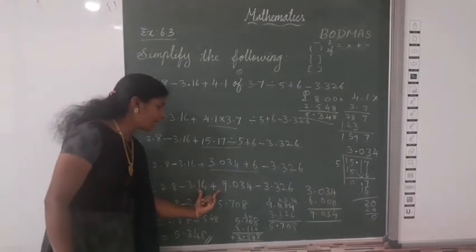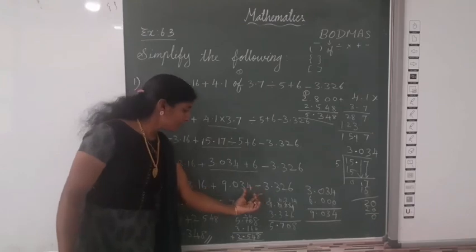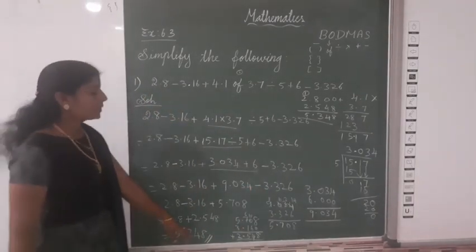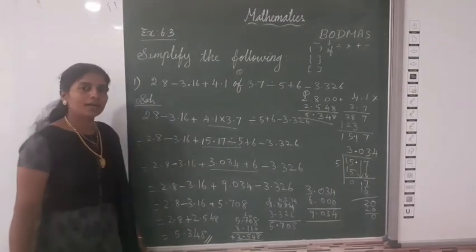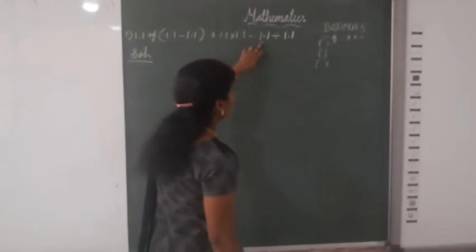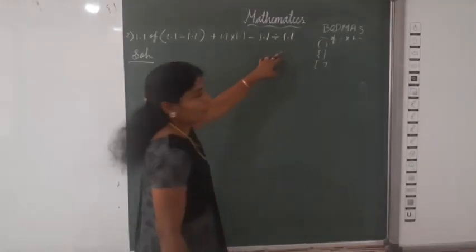Otherwise we can subtract these two numbers. Okay, we'll get the answer 5.348. Clear? Next question: 1.1 of 1.1 minus 1.1 plus 1.1 into 1.1 minus 1.1 divided by 1.1.